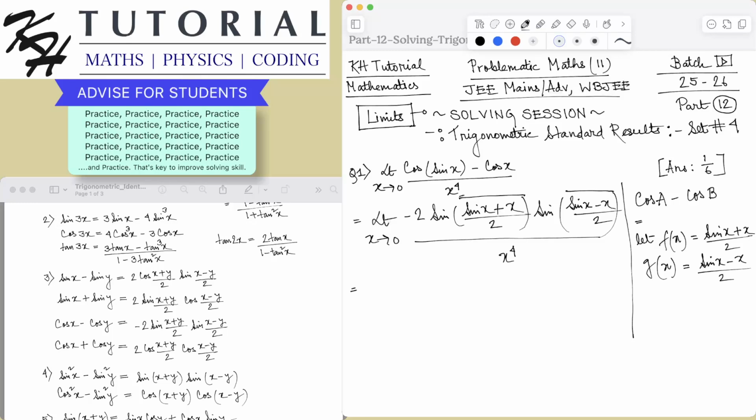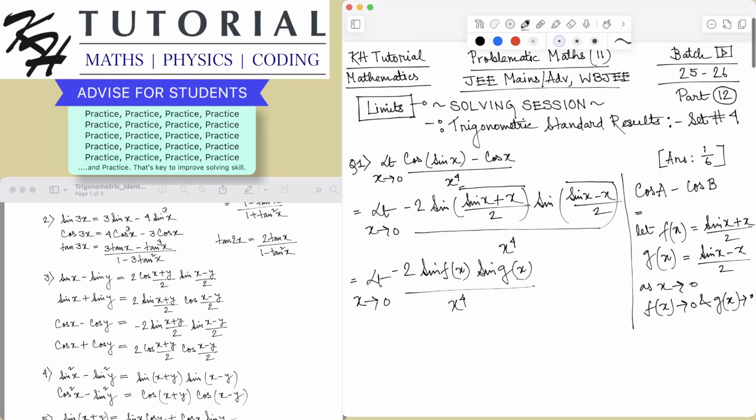So obviously we see that as x tends to 0, f(x) will tend to 0 and also g(x) will tend to 0. Okay, so the limit problem becomes x tending to 0 of minus twice sin of f(x) multiplied by sin of g(x), all divided by x to the power 4.